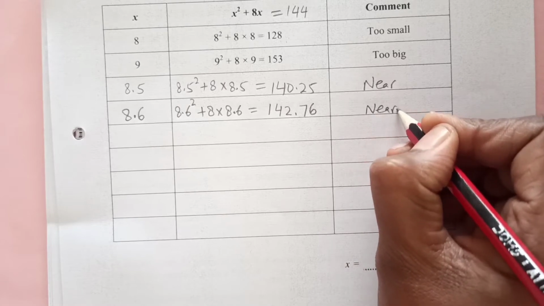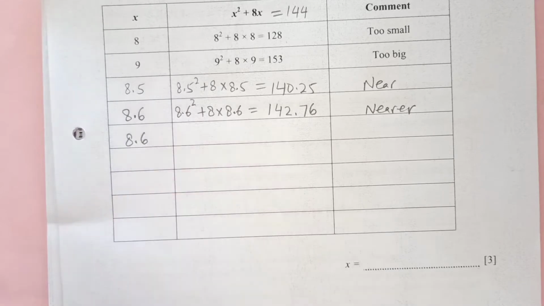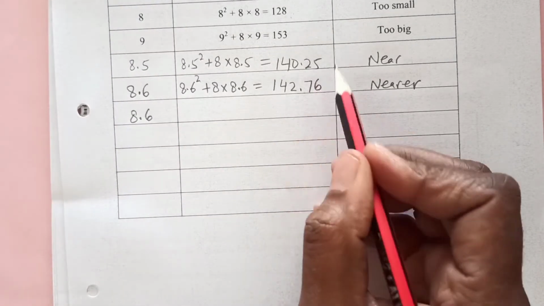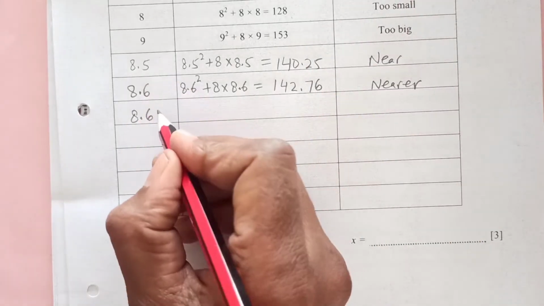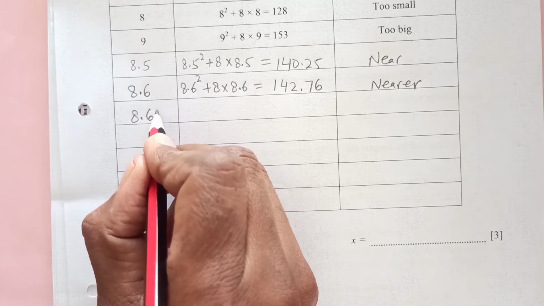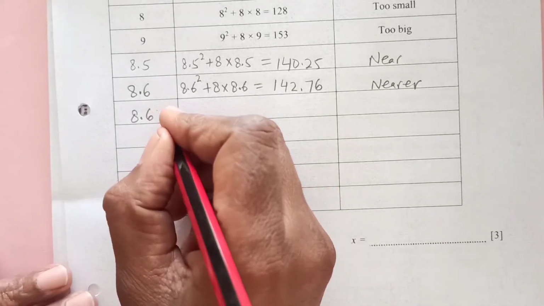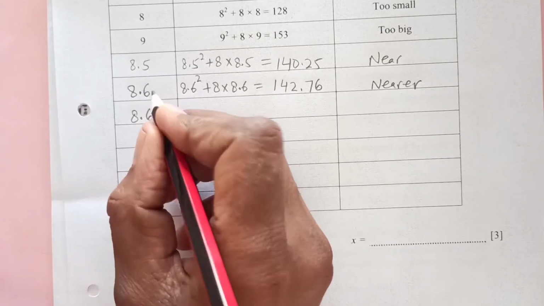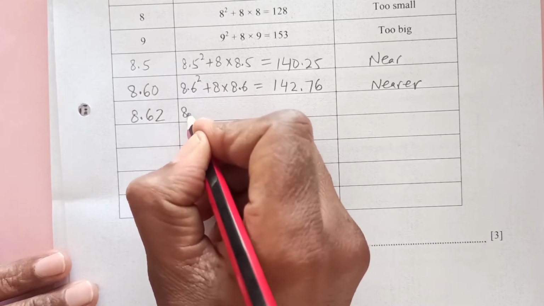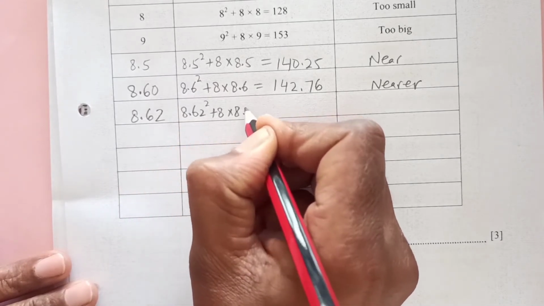So we reached nearer. We are looking for one decimal place, so we need to check further. Let's say we are taking 8.62. So 8.62 squared plus 8 times 8.62.